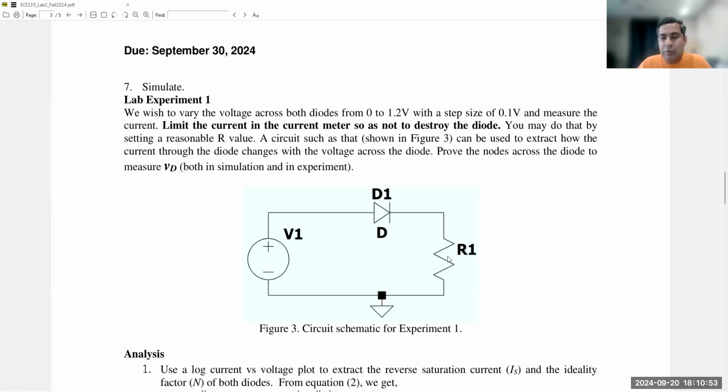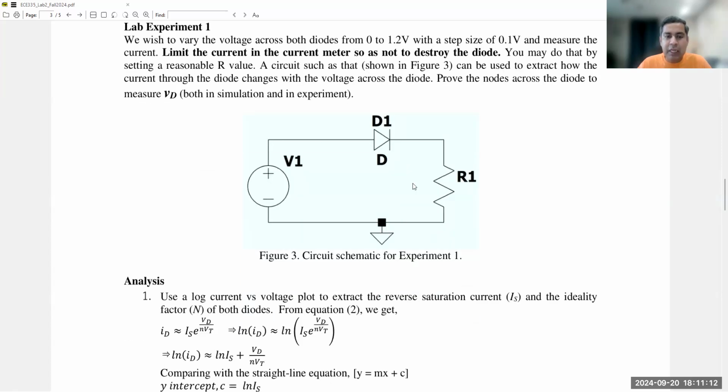And that's why you need to change the resistor value or change the source voltage value, so that the voltage across the diode and current through the diode remain in the rated region, like a safe region.